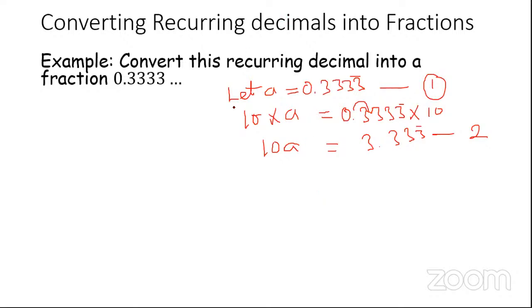Then we shall say 100 multiplied by A is equal to 3.333 multiplied by 100. And we'll move again, so it becomes 33.